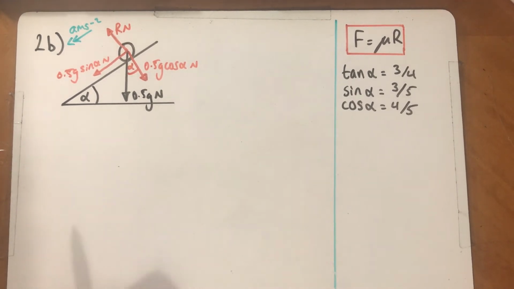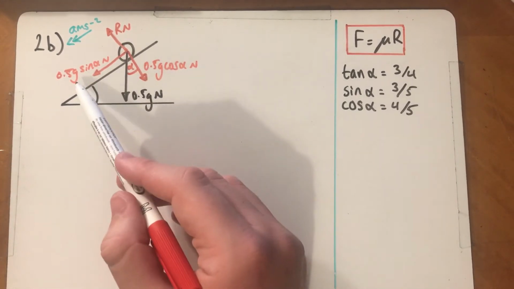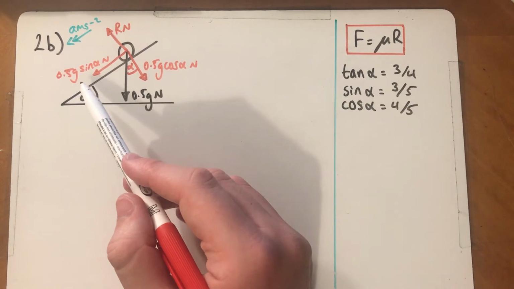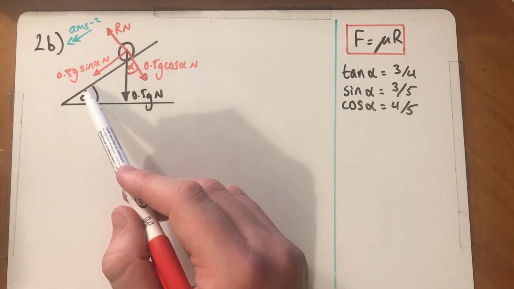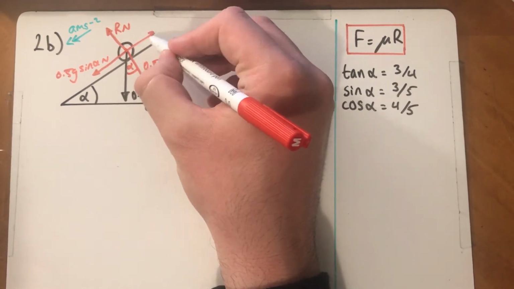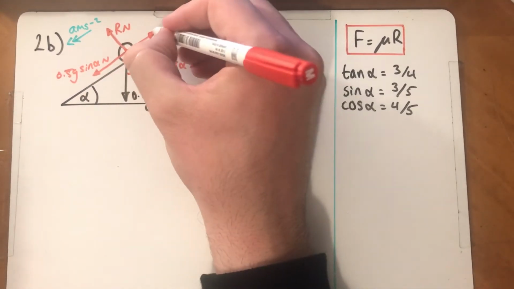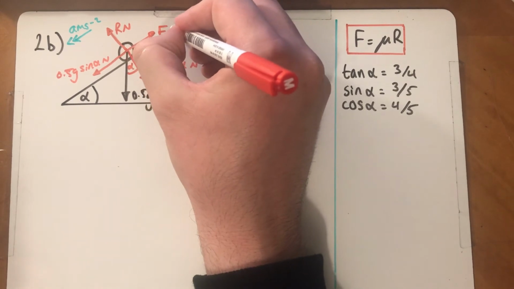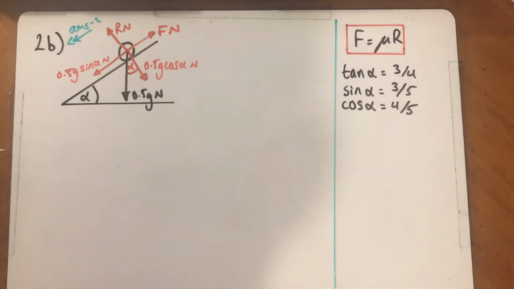I know the particle is accelerating down the slope, and it's a rough slope, so friction is involved, and friction always opposes motion, so it's going to be acting back up the slope. So we have that frictional force of magnitude F newtons acting up the slope. That's all my forces in my free body diagram.